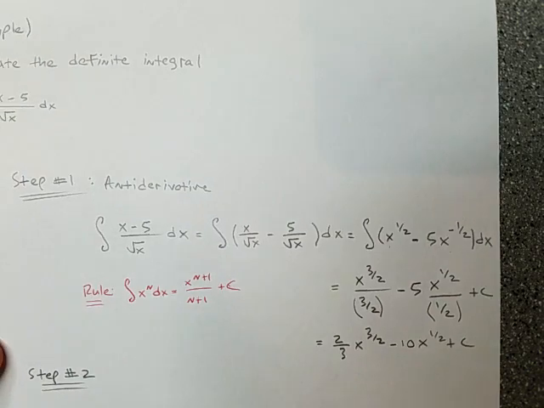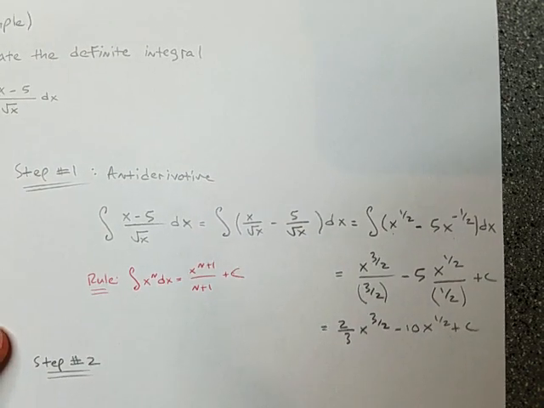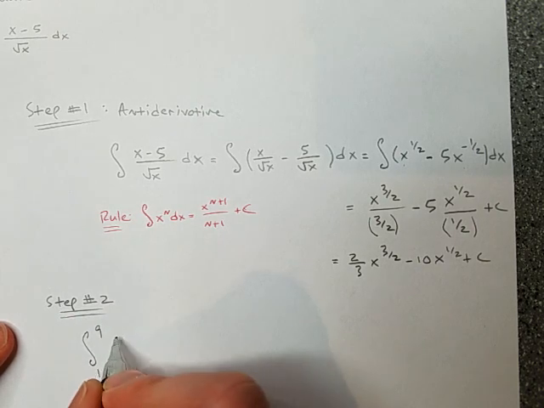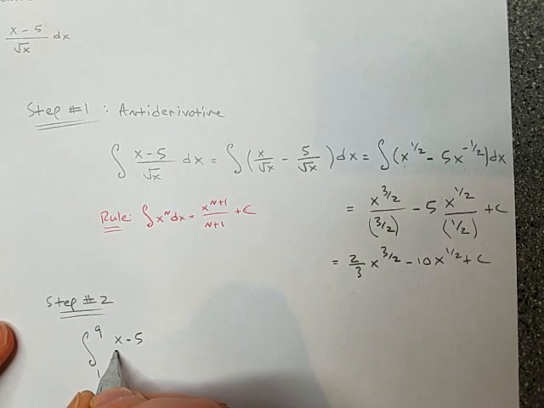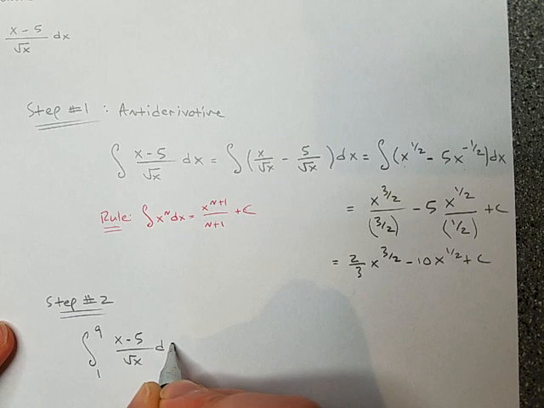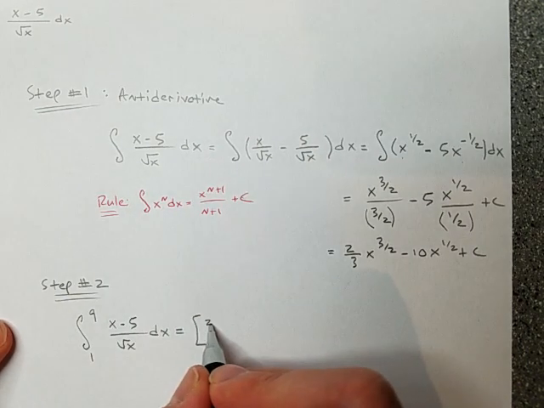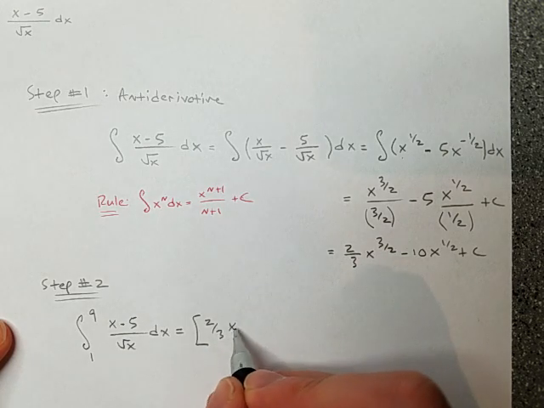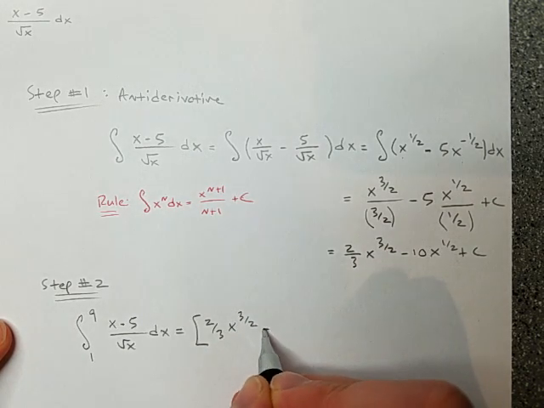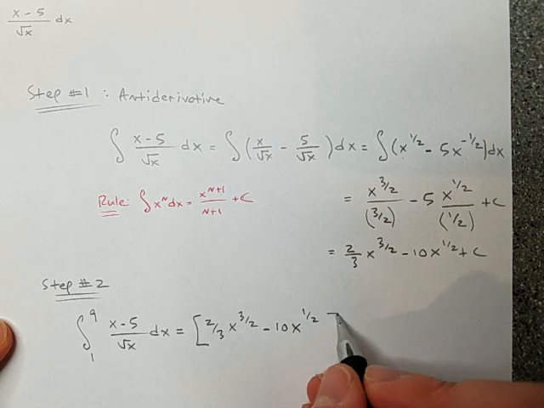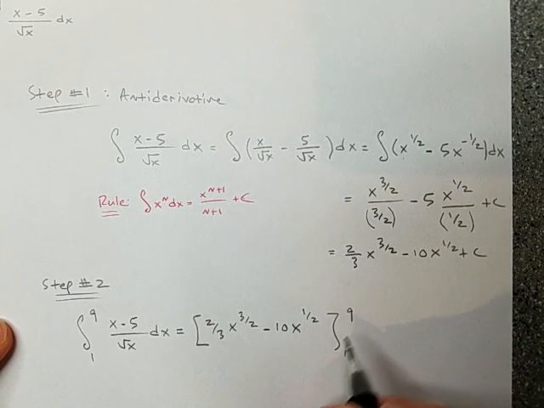Okay, now that I've got that, I understand that the definite integral from 1 to 9 of x minus 5 over root x dx is going to be 2/3 x to the 3 over 2 power minus 10 x to the 1/2 power, evaluated from 1 to 9.